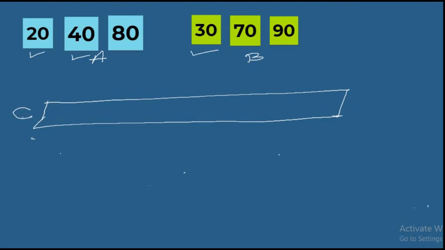So for that we will take one pointer i and one pointer j for traversing, and one counter k for C. I am going to make places in C because there are 6 elements, so we will make places like this.